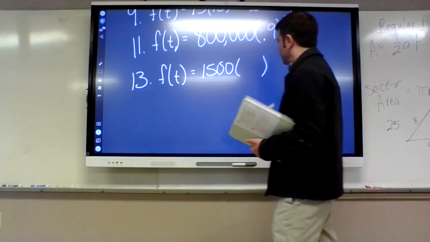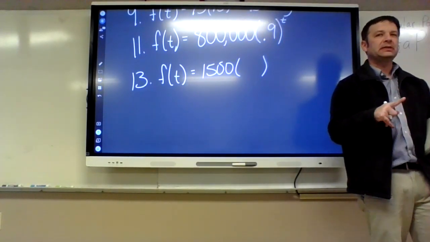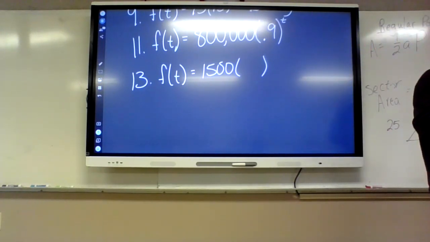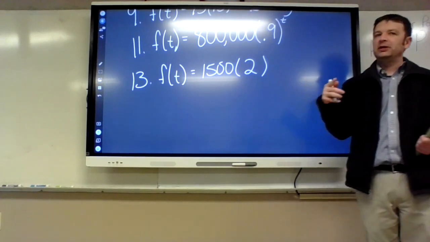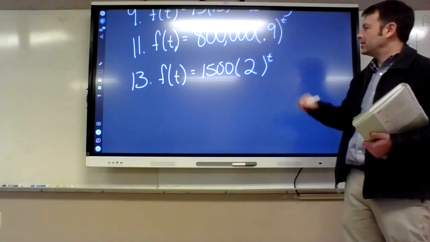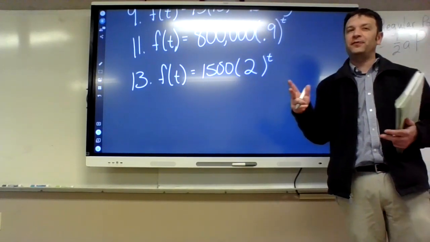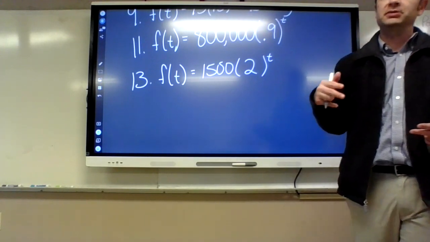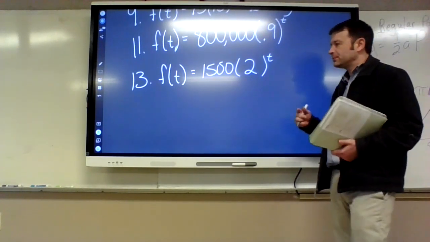What goes in parentheses if it's doubling each day? Something 2. Because if it's doubling, it's going to get twice as big each day. So it's multiplying by 2. So basically on that one, they're telling us the growth factor, not the growth rate. So we just do times 2.